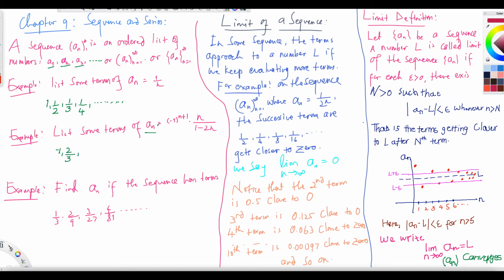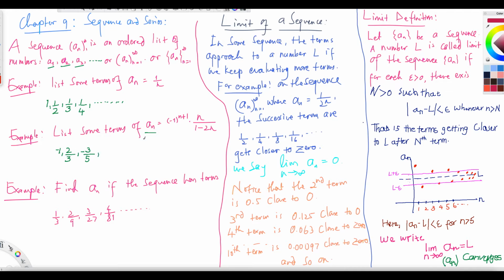The third term: you plug in n equals 3. You get (-1) to the 3 plus 1, (-1) to the 4, that is +1. Now 3 over 1 minus 2 times 3 is -5, so 3 over -5, that is -3 over 5. That is the third term.